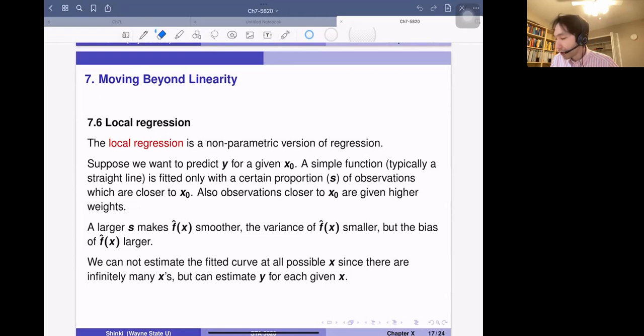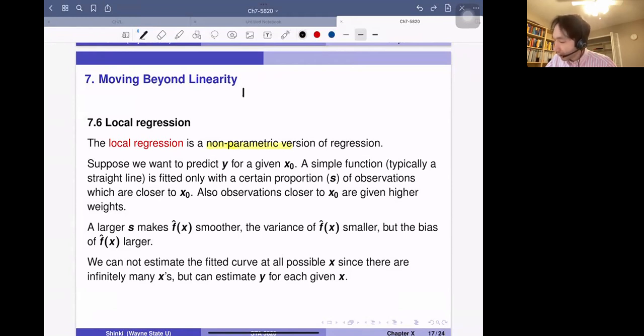Local regression is a non-parametric method, a non-parametric version of regression. So what is non-parametric? Non-parametric means the model is not determined by a fixed, finite number of parameters.